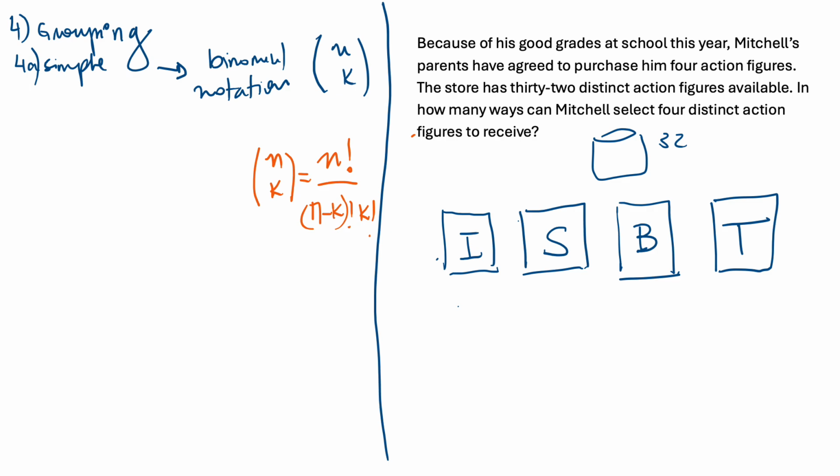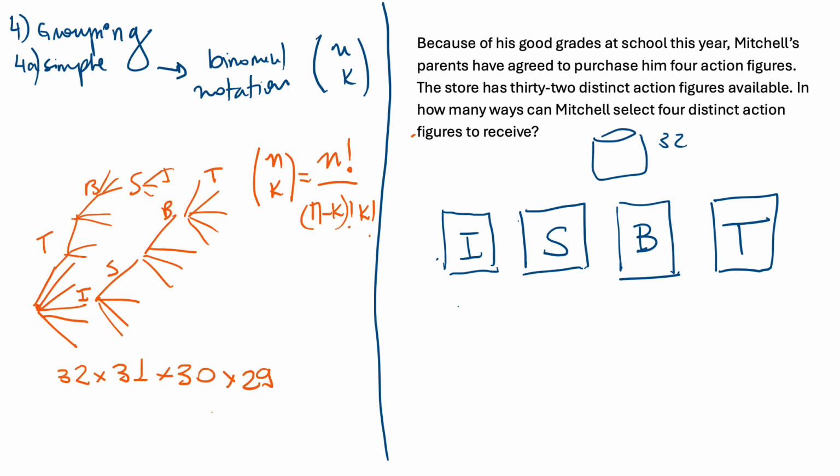He can make another choice. So he would choose Batman, and then after Batman he would choose Thor. And then after Thor, he could choose Spider-Man and so on. So it seems like this is a selection without replacement, meaning that Mitchell had 32 options first. Then he was left with 31, 30, and 29.